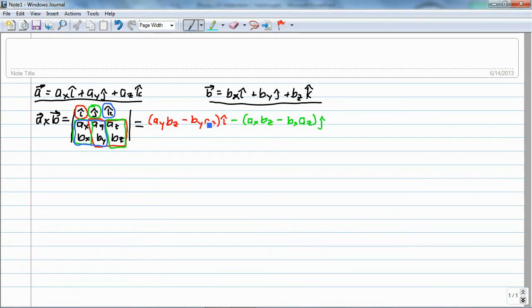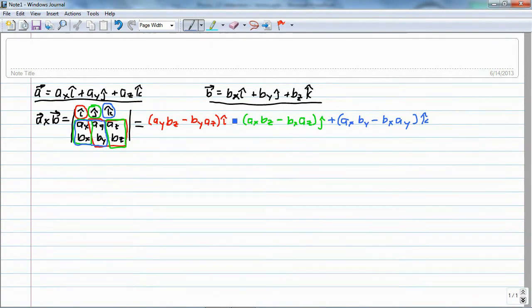Because i hat was a plus, j hat would have a minus, k hat will have a plus, and that's going to be ax times by minus bx times ay, k hat.